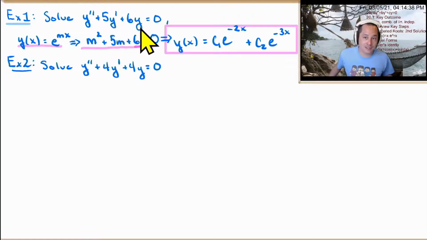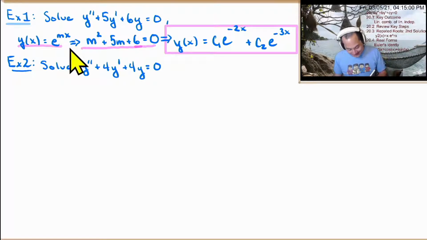If you were to give me this diffie-q, I would write e to the mx or rt, whichever you want. I would write that because later on, if you're solving these problems like a year from now, 2 years from now, you might write down the quadratic equation, but you might not remember where to put the roots. So it's a good habit to get into to write your exponential go-between.